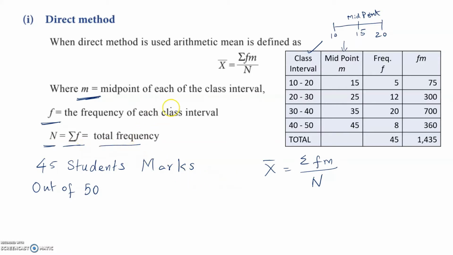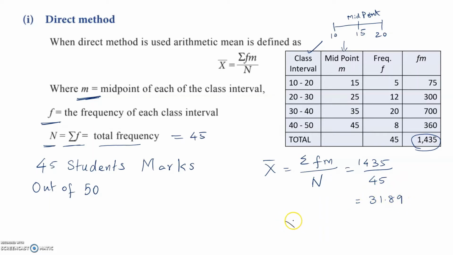So here our sigma f is equal to 45. Our sigma fm is this number here, 1435. So 1435 over 45, if you use a calculator, will give you 31.89.